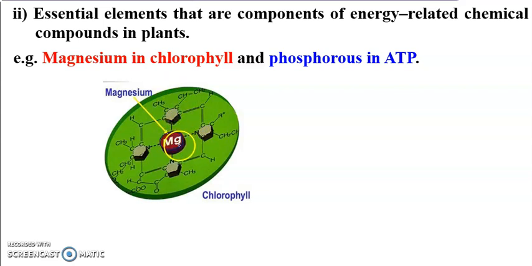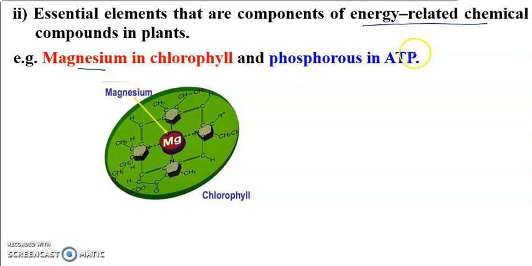And this chlorophyll is necessary because during photosynthesis, this chlorophyll is going to create that excitation of electrons which helps in the production of ATP. So there is energy related production that is happening because of chlorophyll. So that way magnesium is important.